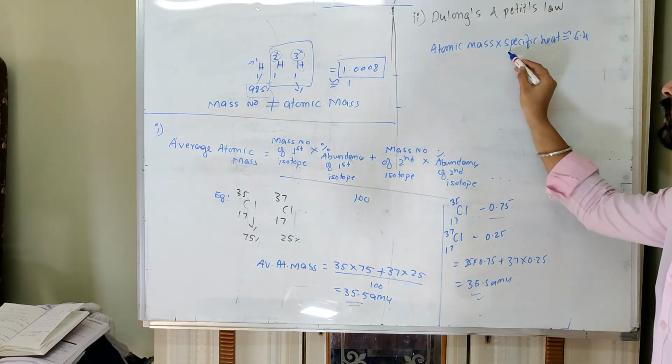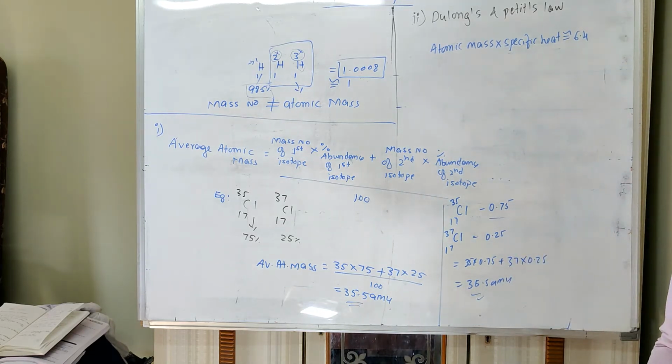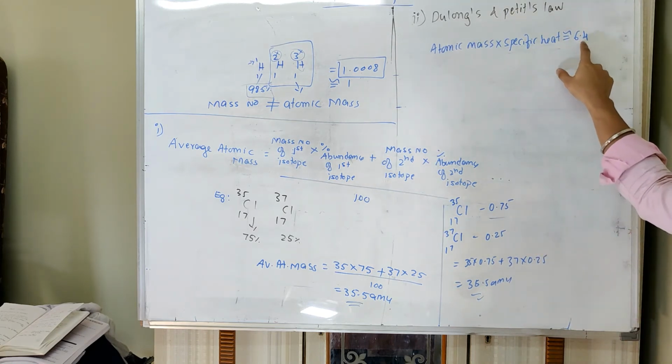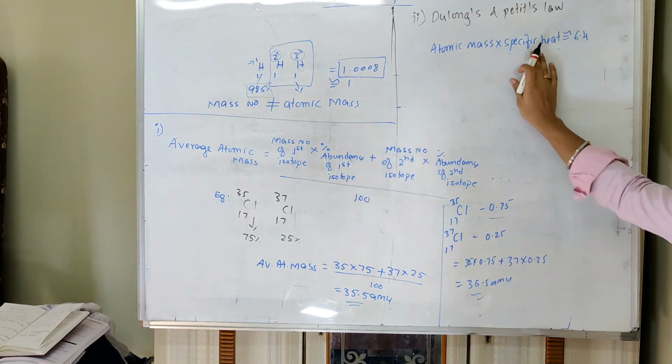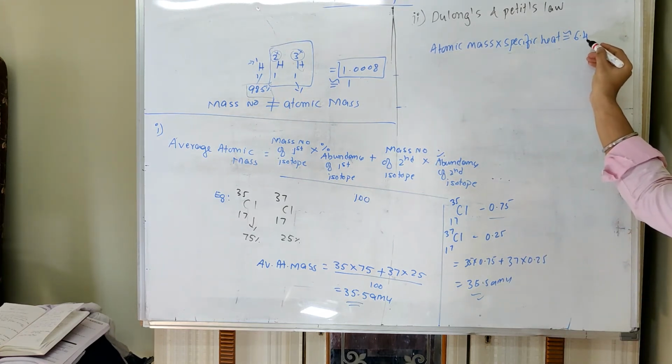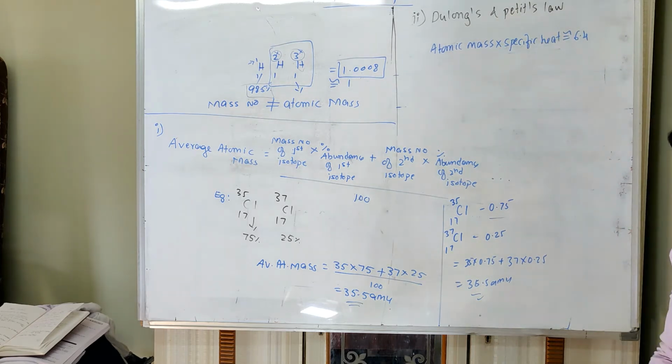Here if you know the specific heat of any element, then you can calculate the atomic mass simply by rearranging this equation. 6.4 divided by specific heat will give you atomic mass.